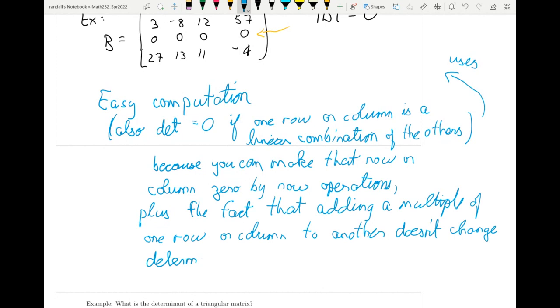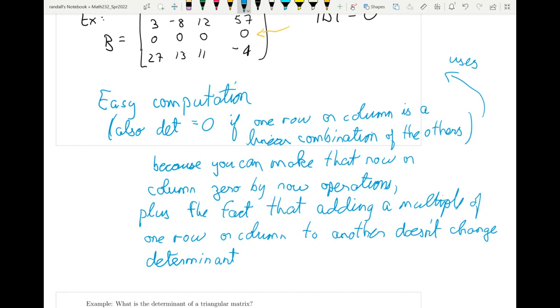All right. So in the case where you have a row or a column that's a linear combination of the others, then through these kinds of row operations, adding multiples of other rows to it, you can create a 0 row, and therefore at that stage you immediately see that the determinant is 0.